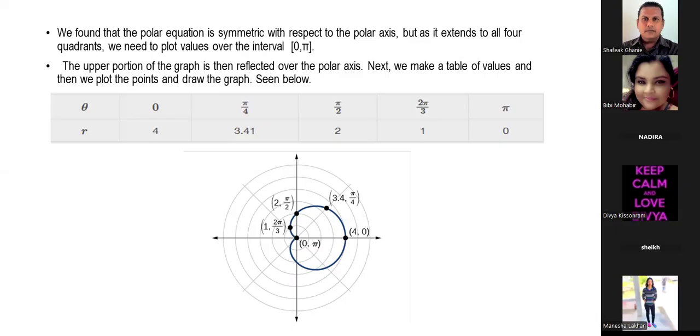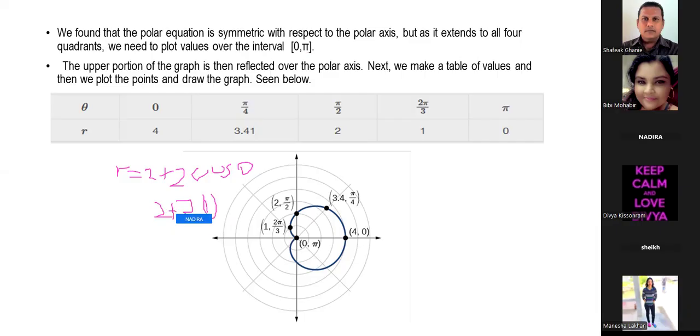So here we have the table of values, where R is equal to 2 plus 2 cos theta. Here theta is 0, so cos 0 is equal to 1. 2 times 1 is equal to 2, and 2 plus 2 is equal to 4.